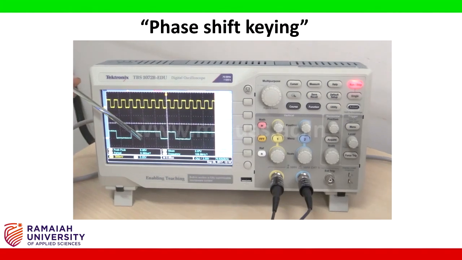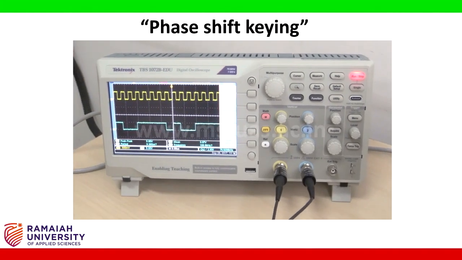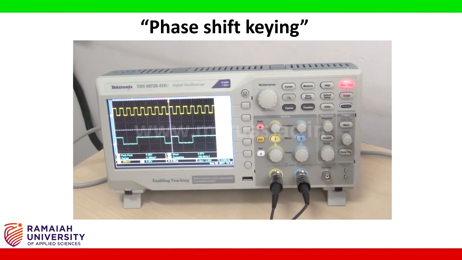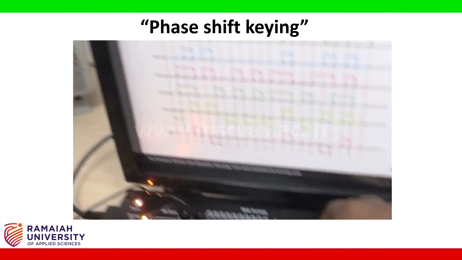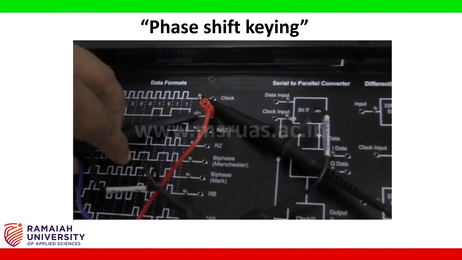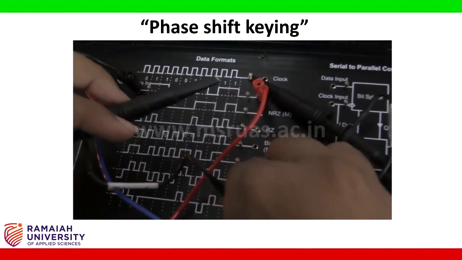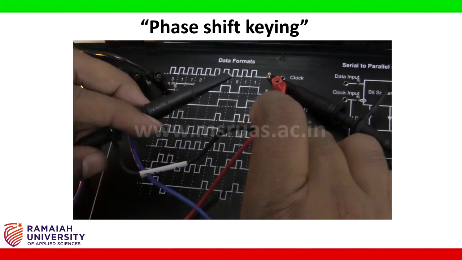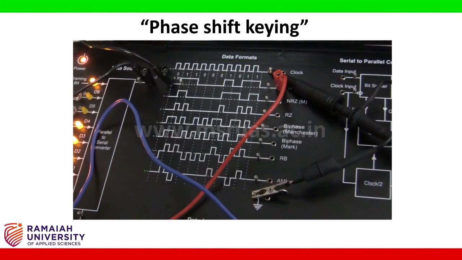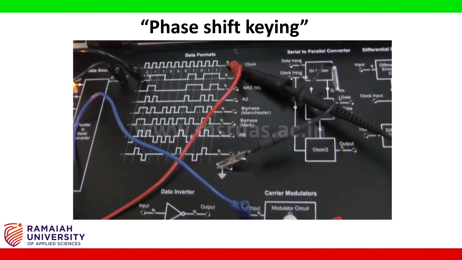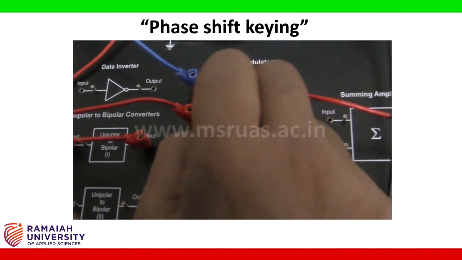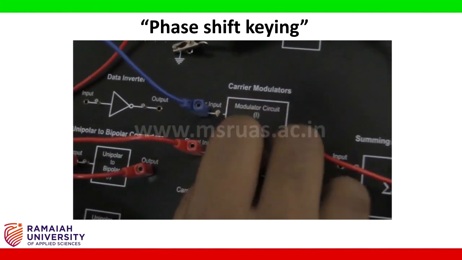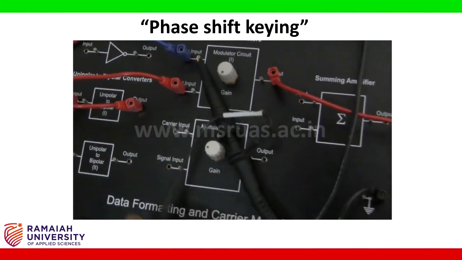After this we are going to connect channel 2 to the carrier signal. You can see the carrier here and negative to the ground.